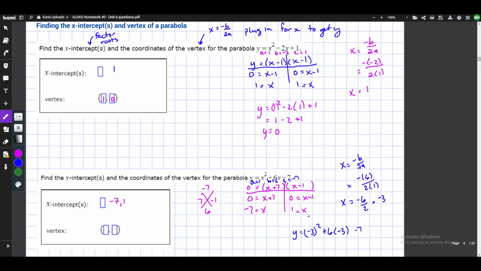So negative 3 times negative 3 is 9, minus 3 times 6 is 18, minus 7. And I have negative 9 minus 7 is negative 16. So my vertex is going to be (negative 3, negative 16), and that is all I need to do.